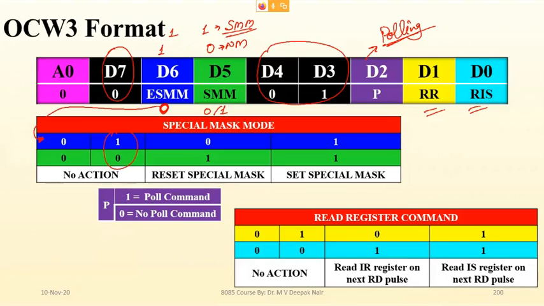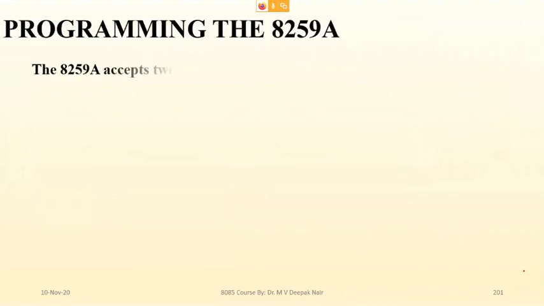Not necessary. If RR is 0, this is a don't care and does not have any effect. If RR is 1 and RIS is also 1, we will check the interrupt service register on the next read pulse. Leave it, it is too deep. Cannot remember these things.